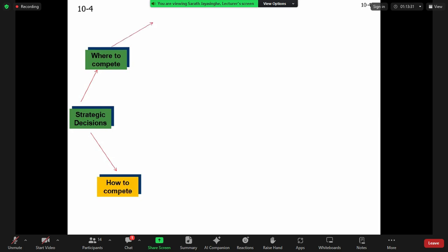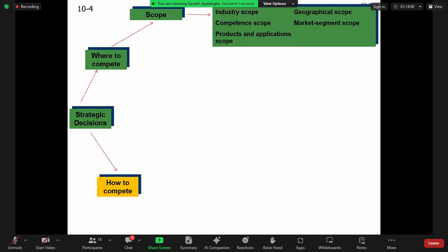And then where to compete, you can think about scope. When we are competing, we have to decide which scope we are competing in. In strategic management, I think you can remember at the beginning, you think about the vision, mission, and the scope. Likewise, here also, when you think about implementing or adapting some strategies, you have to think about the scope.